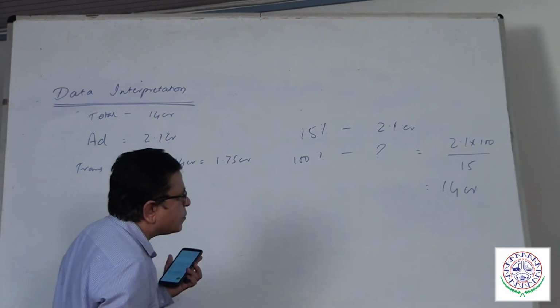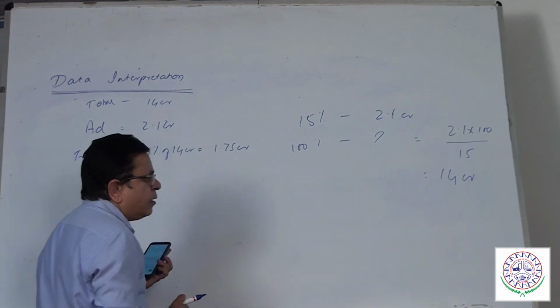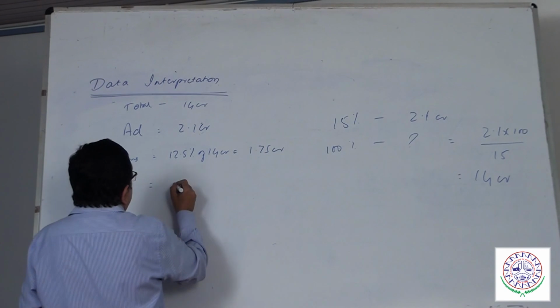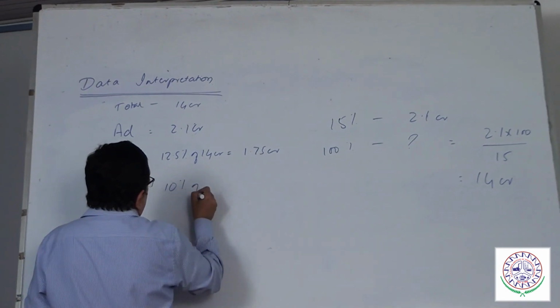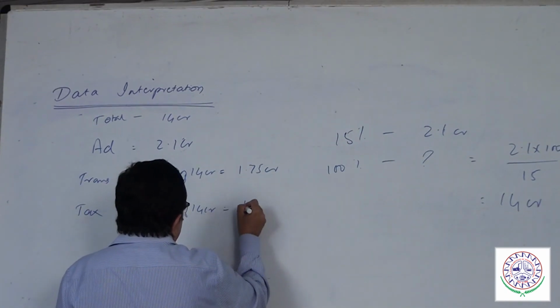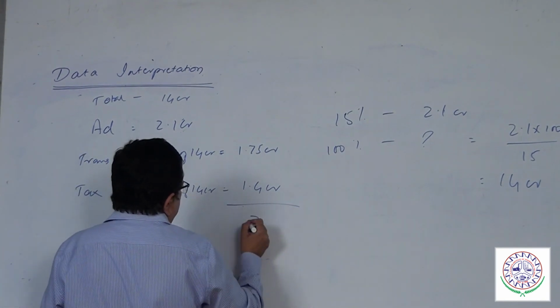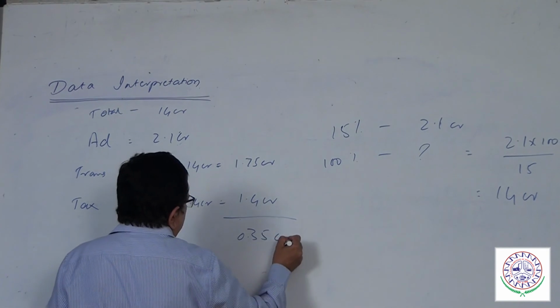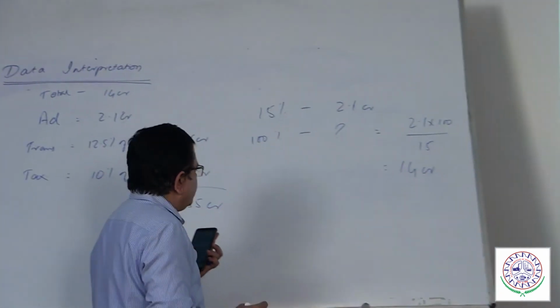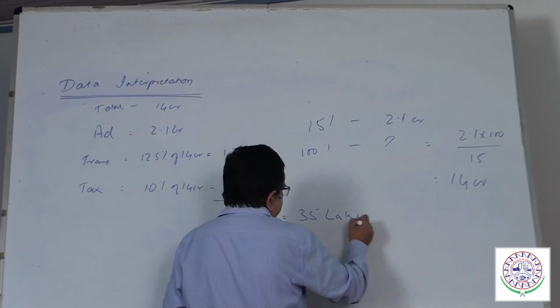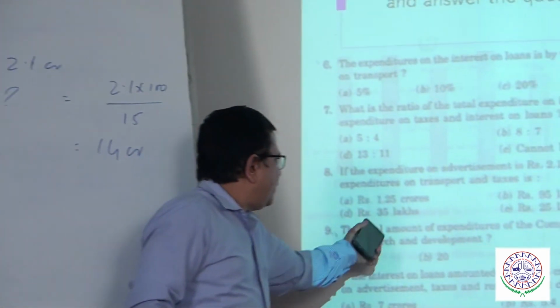And taxes are 10%, so tax is 10% of 14 crores. That is pretty simple, 1.4 crores. The difference between these two is 0.35 crores. 0.35 crores is nothing but 35 lakhs. There is the answer, 35 lakhs. That is D.